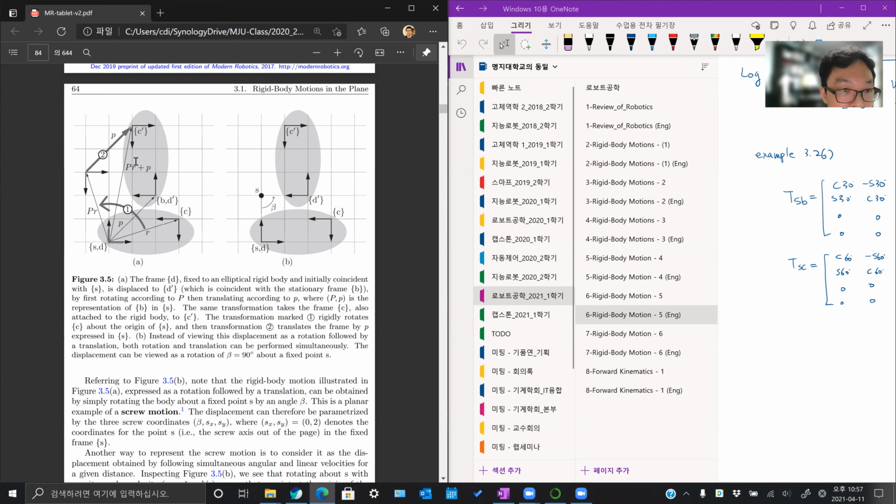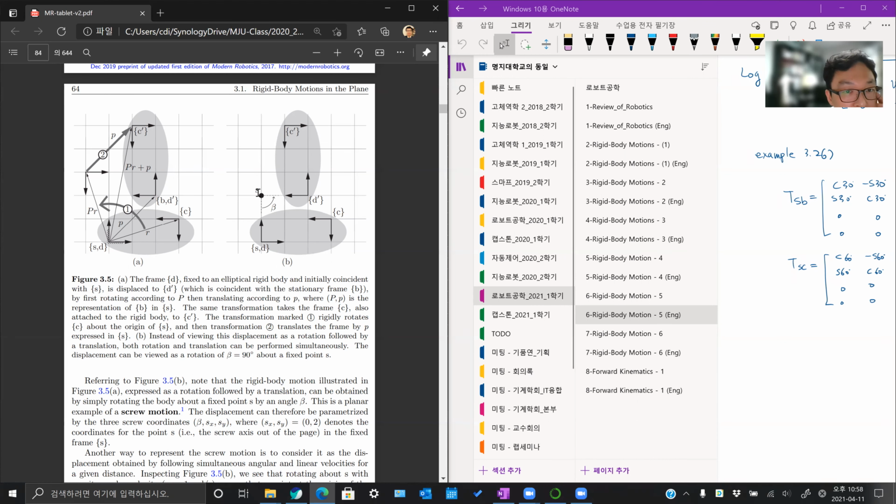So these two motions can be presented by PR plus small p. So this P is the rotation matrix, and the small p is the translation. Because this one is a planar case, we simply express it like this.